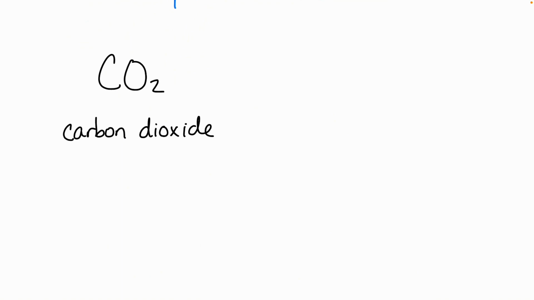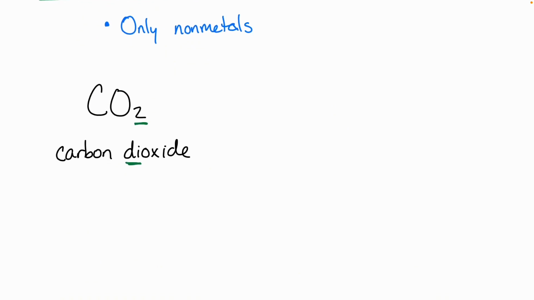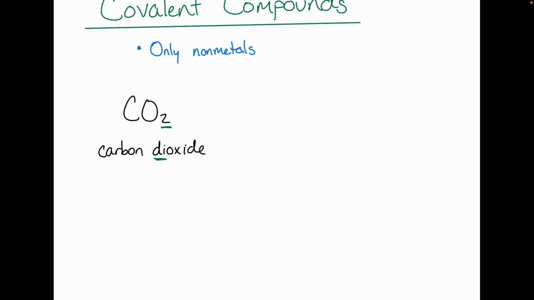In our covalent compounds, we build into the name how many of those elements there are. It's carbon dioxide because there's 2 oxygens. So we have these prefixes that will denote the number of atoms.